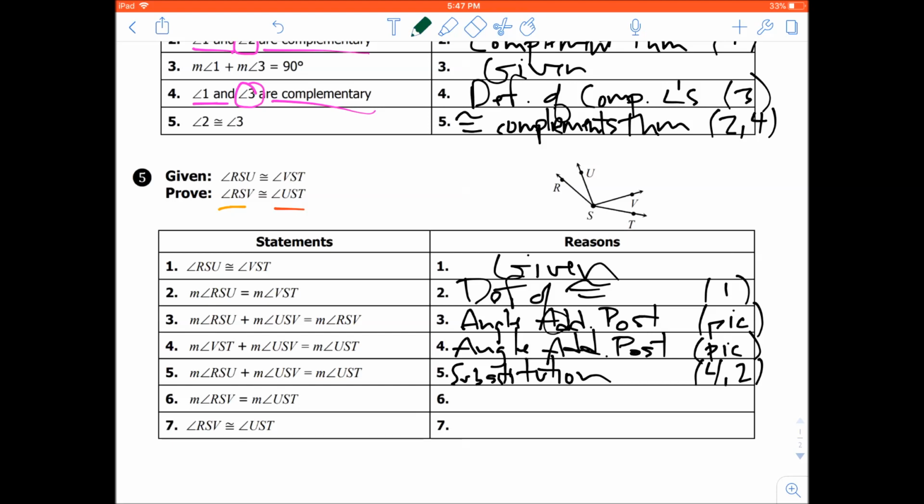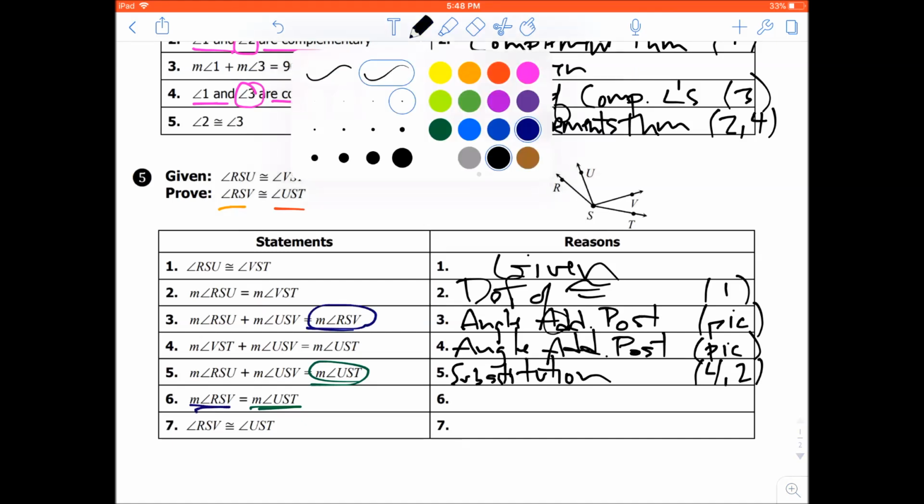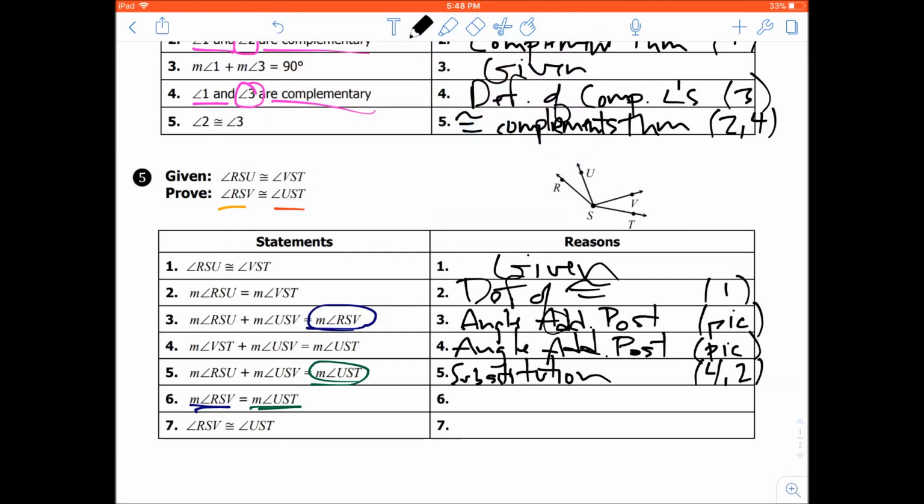So we had, like I said, UST matched up with this one right before it, and RSV matched up with this RSV. Now, how is this useful? Well, way back in step 3, I knew RSV equals all this stuff. And then in step 5, I knew UST equals all this stuff.